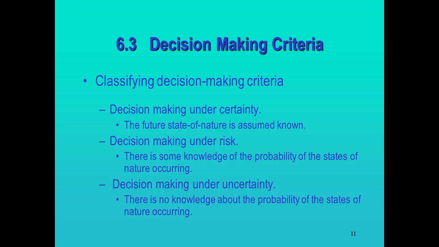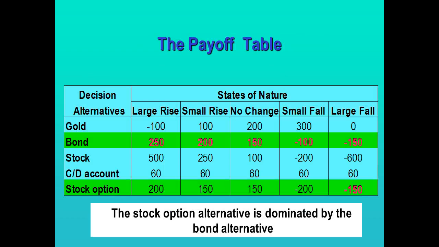It's pretty easy. Now the two that we're going to talk about: decision-making under uncertainty is the first one. And under uncertainty, I don't have any likelihood, I don't have any knowledge about the probability of the states of nature occurring. I don't know if this is more likely or less likely than this.